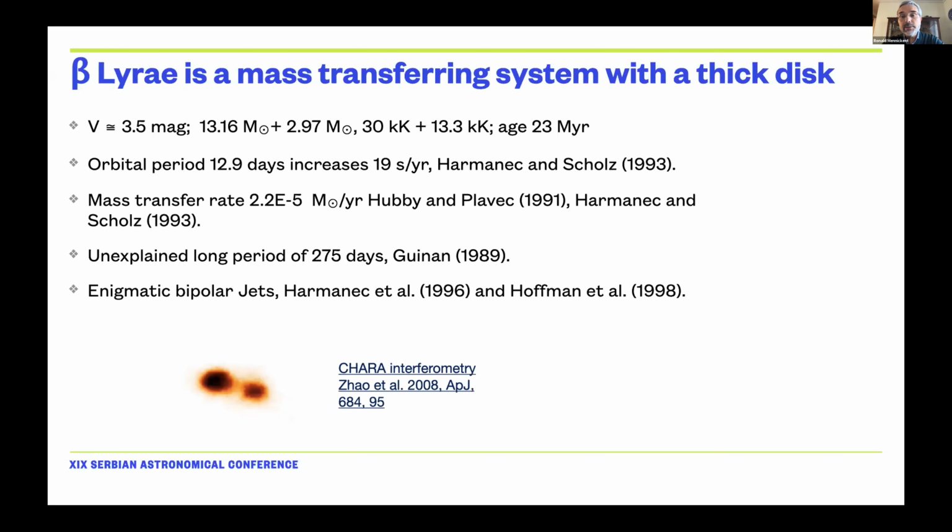For the first time, it was possible to reproduce an image of the closed binary system using beta Lyrae data obtained with the CHARA Interferometric Array by Zhao et al. in 2008. And they produced this very nice movie of the system, with every component rotating around the center of mass.